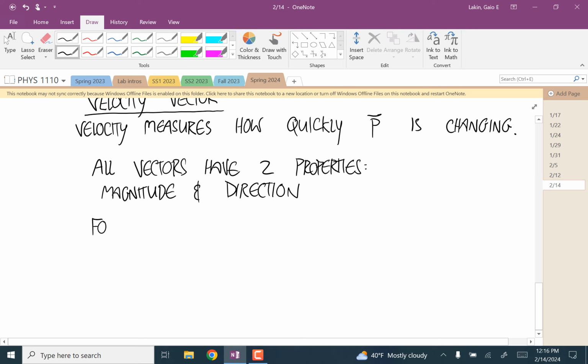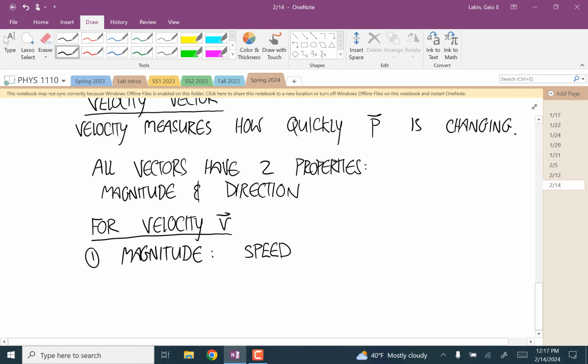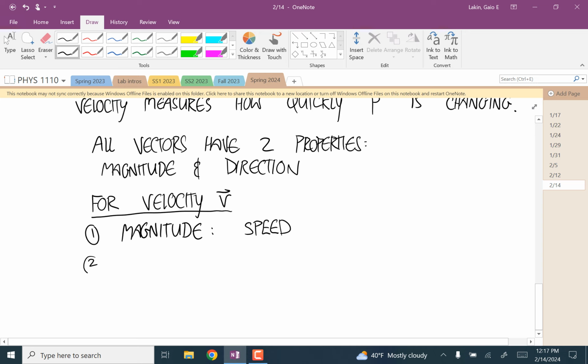For velocity, the magnitude of the velocity, you can think of that as the length of the arrow, is the speed. And the direction is the object's instantaneous direction of motion, the direction that the object is moving at exactly that instant.